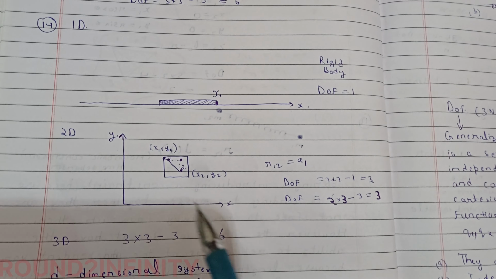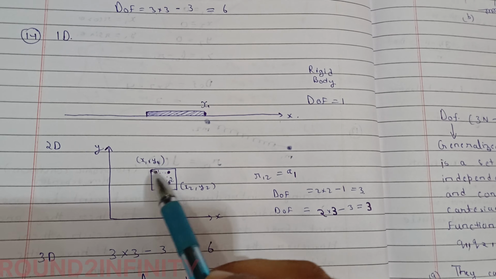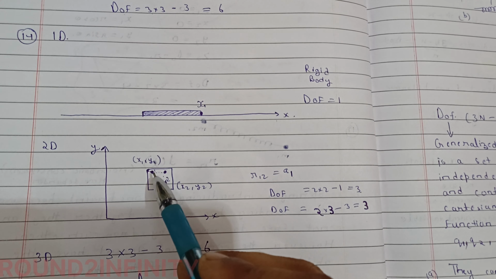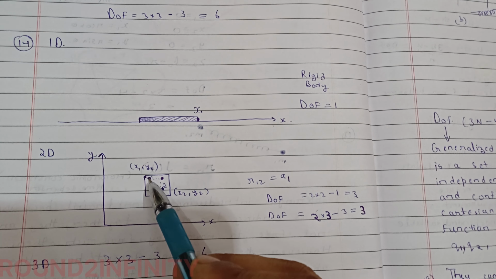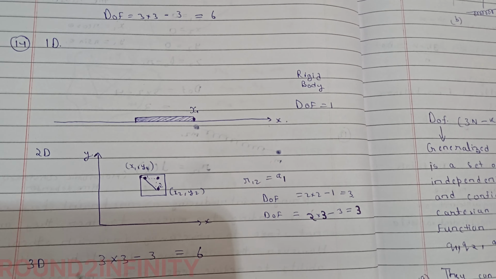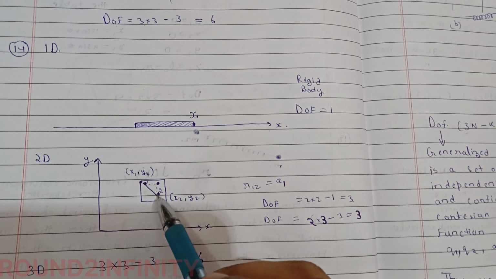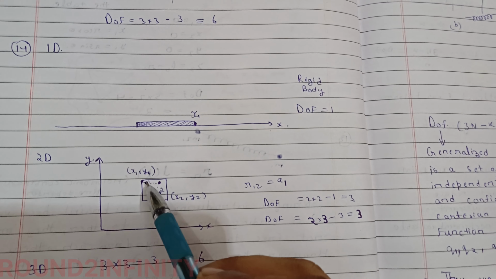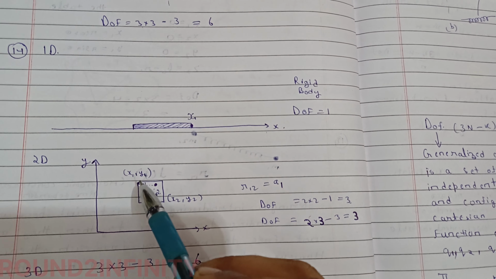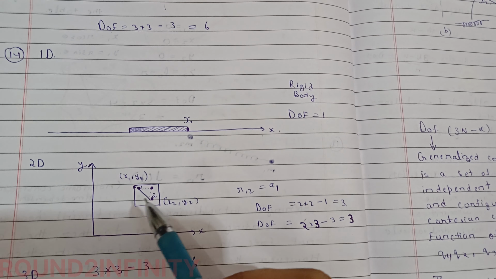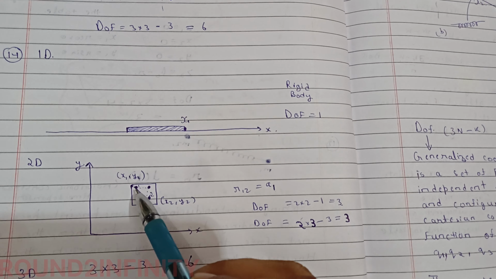Okay, now what happens in the 2D system? Let's say we have this plane and we have this one particle. It has 2 coordinates possible, and let's say we have one more particle here. Then how many degrees of freedom for these 2? Each carries 2, so 2 times 2 is 4, minus the number of constraints, which is 1, the distance between them.